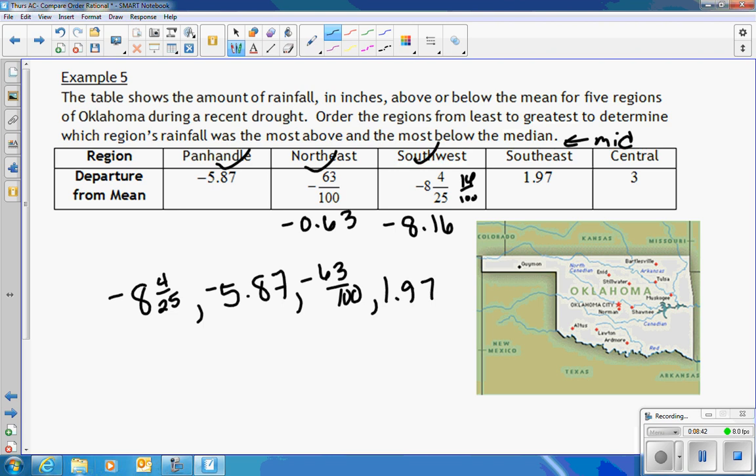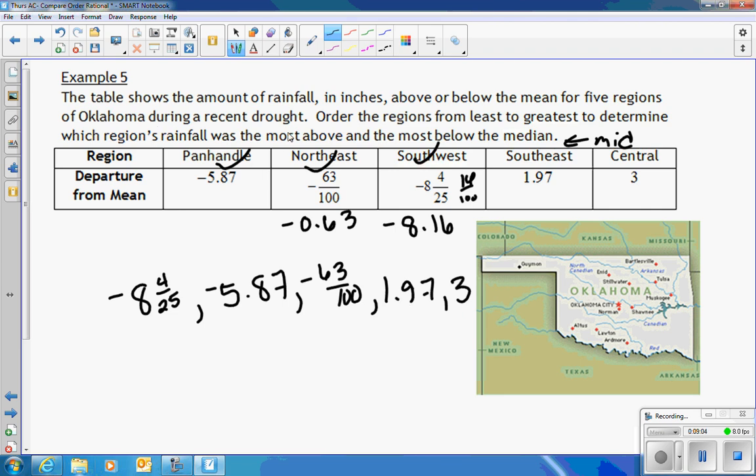So 1.97, and then 3. Okay, so on these, we actually didn't really have to convert any of them because -8 is definitely smaller than -5. And then a negative fraction is definitely going to be bigger than a whole number. And then we just went to our positive forms.